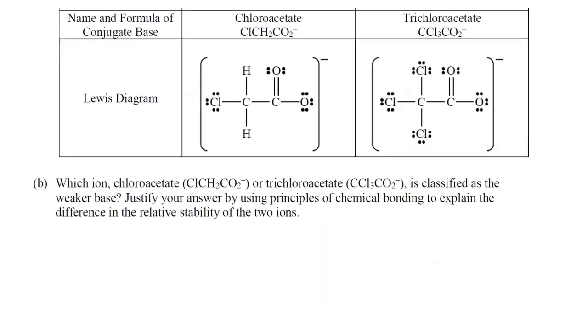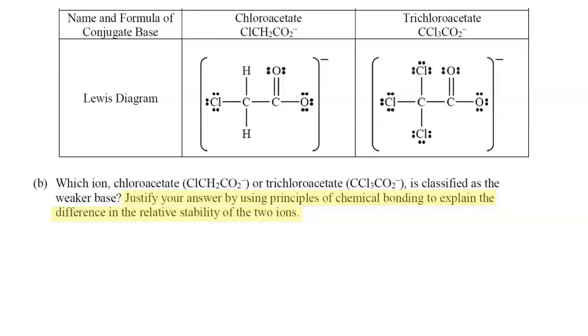It says which ion, chloroacetate or trichloroacetate, is classified as the weaker base. Unfortunately, we cannot use a Ka and Kb argument because it says justify your answer by using principles of chemical bonding to explain the difference in the relative stability of the two ions. So we cannot simply say the stronger the acid, the weaker the base.